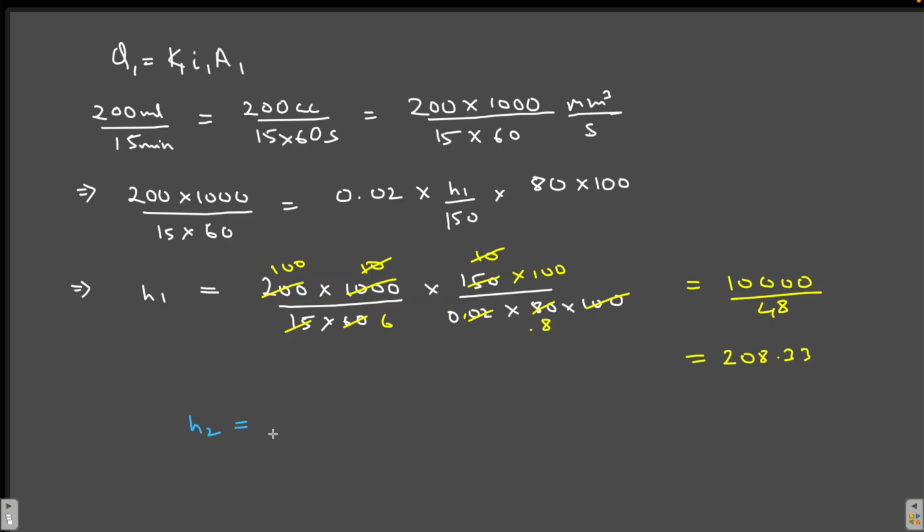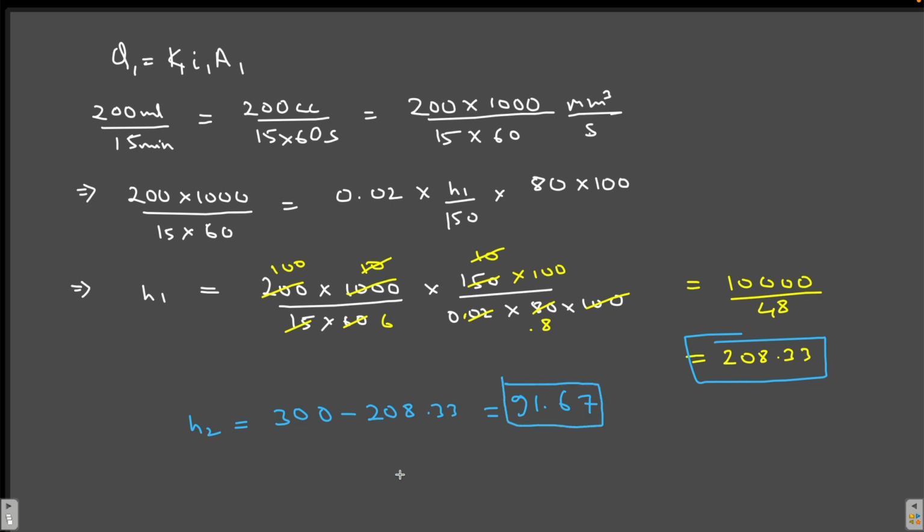So H2 will be total head loss 300 minus 208.33. Let me subtract this and tell you the value of H2. It's 300 minus 208.33, so that comes out to be 91.67.